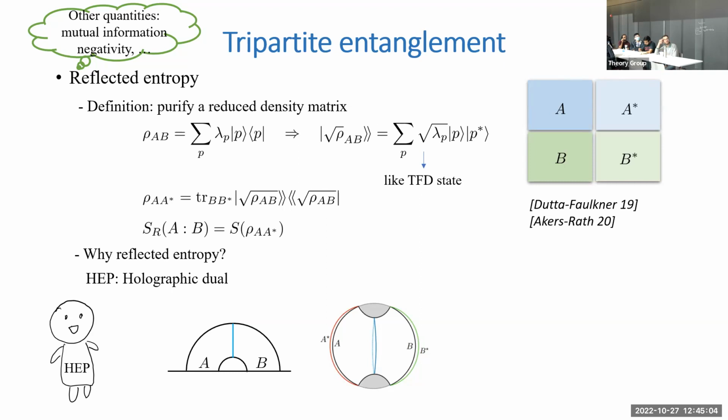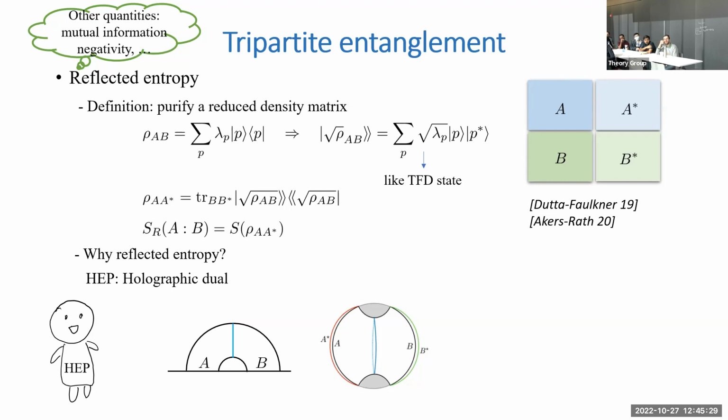So I think that's the definition, and one may ask why it is an interesting quantity, and why people even care about it. We have different versions of the answer depending on which community you are talking to.